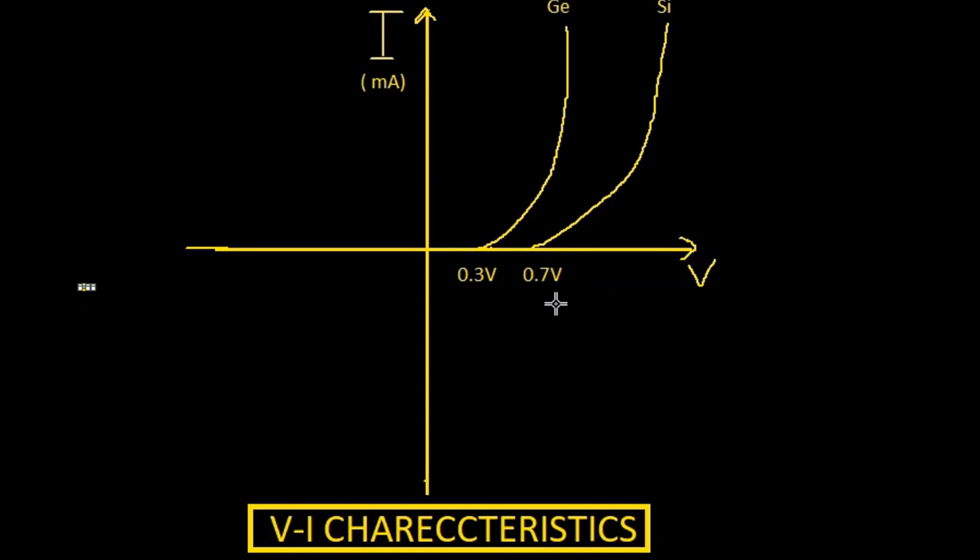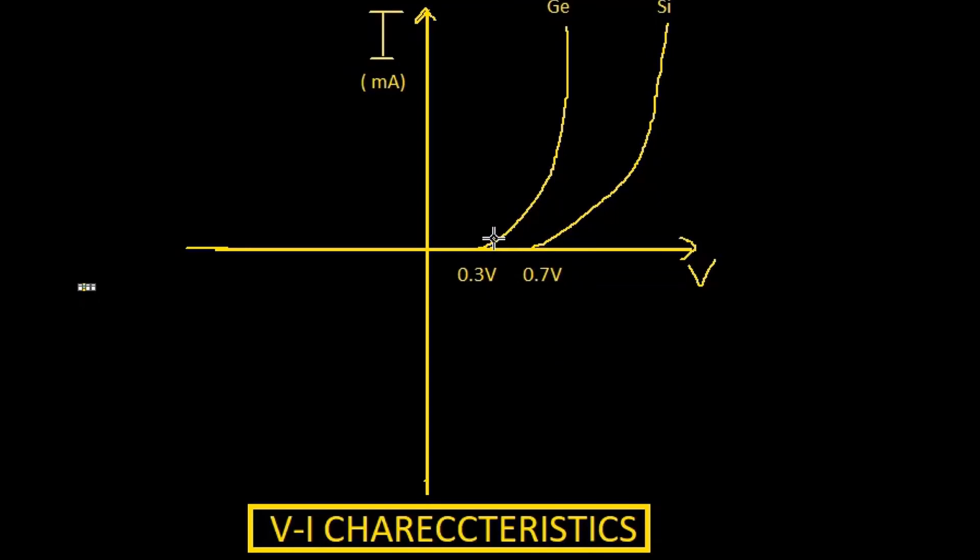As we have discussed earlier, when the applied voltage of the battery is greater than the cut-in voltage or barrier voltage, which is 0.3 for germanium and 0.7 for silicon, then the current will increase exponentially with the increase in voltage.